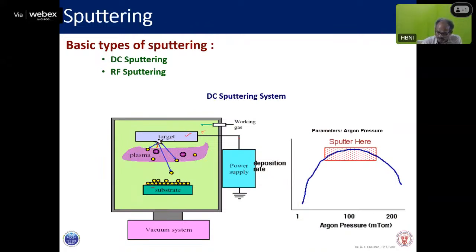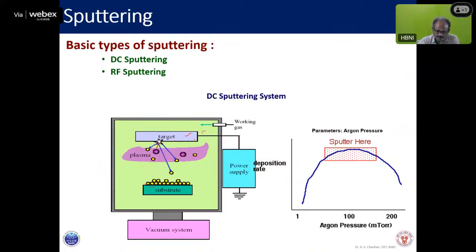So there is one problem in this. Since these are positive ions, they will go and strike the target, so they can get accumulated. There can be a problem after a certain time.